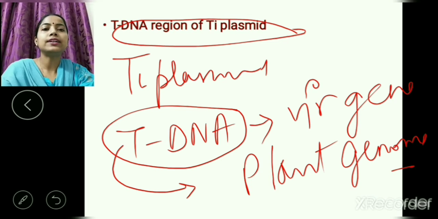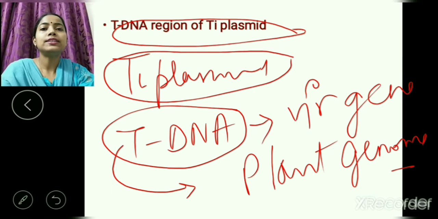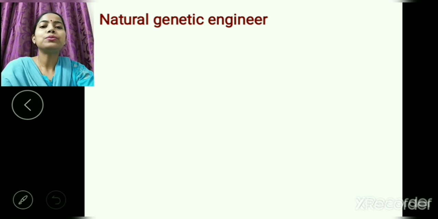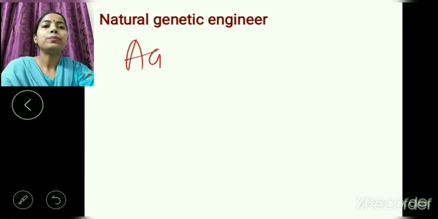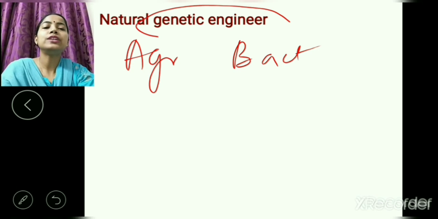So the tDNA region of the Ti plasmid of the bacteria gets transferred into the plant cell's genome. Based on this property, we are going to use Agrobacterium tumefaciens as a natural genetic engineer.